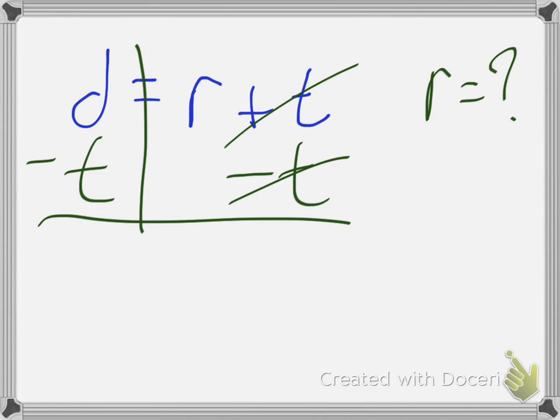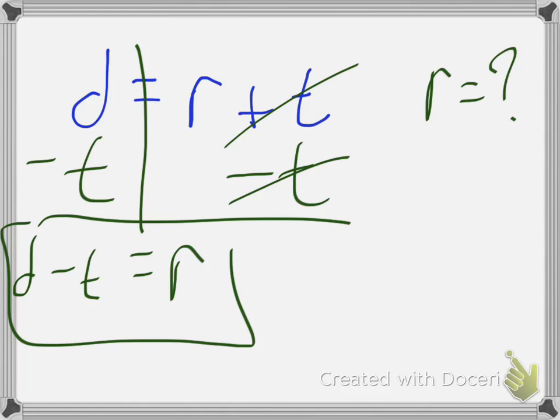Cancels out. You're left with R. Now, you cannot subtract D and T, because if it was like 3 and 4, or 5 and 2, you could. But you don't know what they are, so it's just D minus T. So that's what you write down, D minus T. And that's the answer.